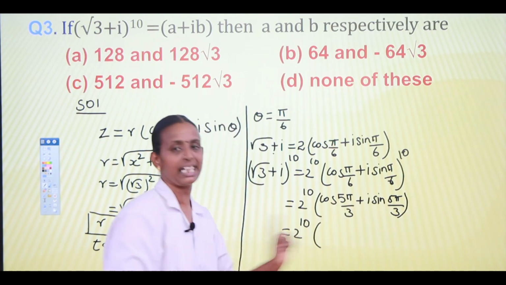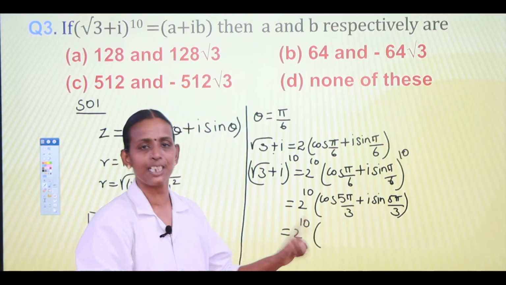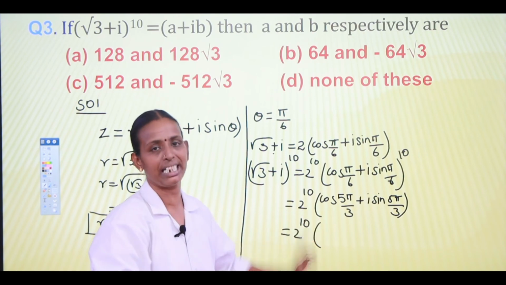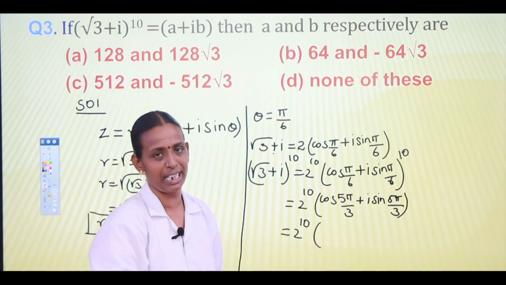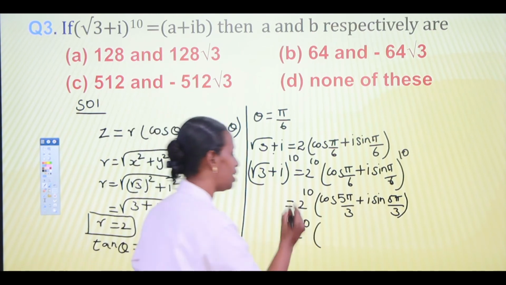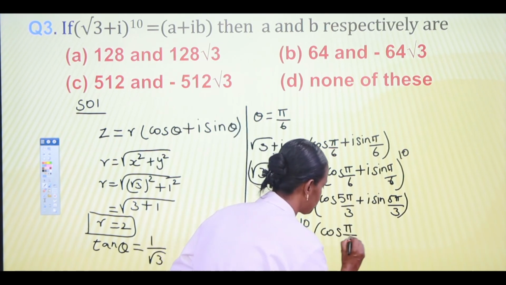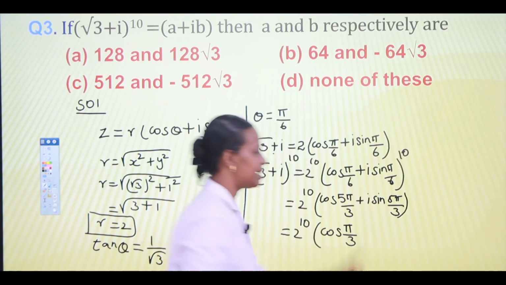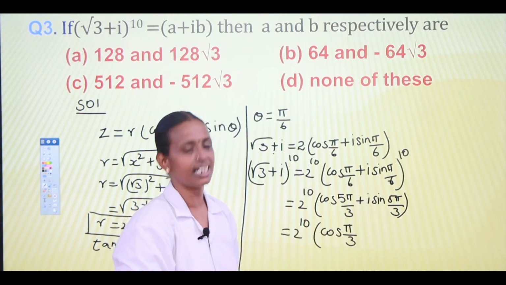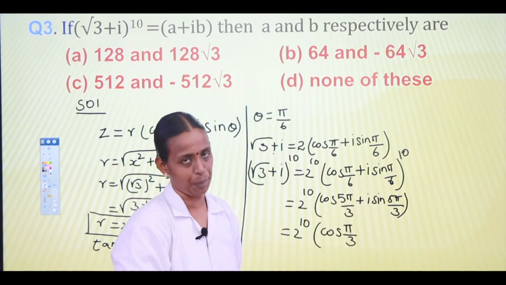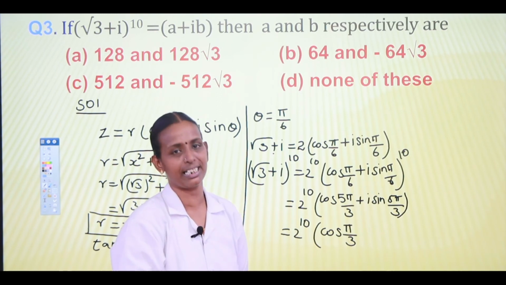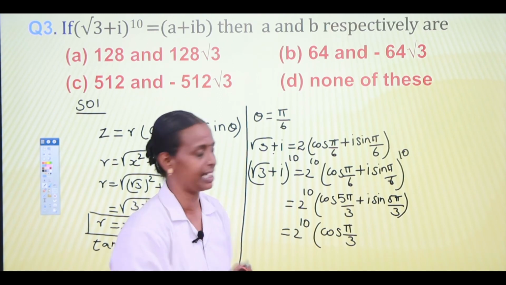Cos 5 pi by 3 can be written as cos of 2 pi minus pi by 3, that is 360 minus theta. Cos of 360 minus theta is simply cos theta. Therefore, we write this as simply cos pi by 3. In a similar manner, sin 5 pi by 3 can be written as sin of 2 pi minus pi by 3, that is sin 360 minus theta, which is nothing but minus sin theta.